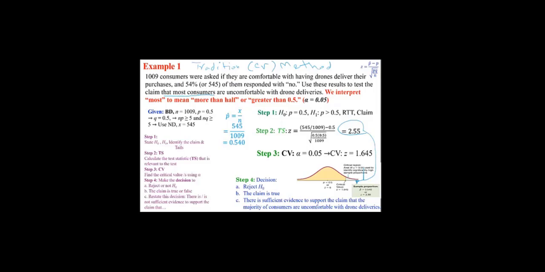In the case of the p-value, we come up with the area. As you can see, just from this graph, the area for 2.55 to the right is definitely smaller than the area for z equals 1.645 to the right, or alpha. So that gives you a rejection region again. So the p-value looks at the area to the right of your test statistic because it's a right tail test.